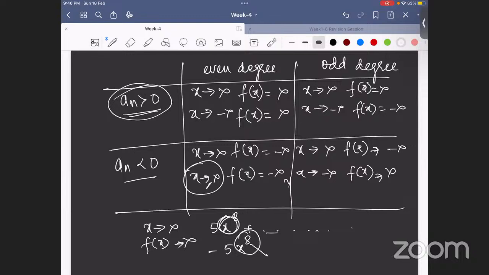Is this clear to everyone? Yes, sir. Sir, I think there are some limitations, like if an is greater than 0, when we consider x power 4 plus x cube plus 1, then if x is equal to minus infinity, we'll get minus infinity, because minus infinity cube will be minus infinity, and x power 4 will give us infinity.